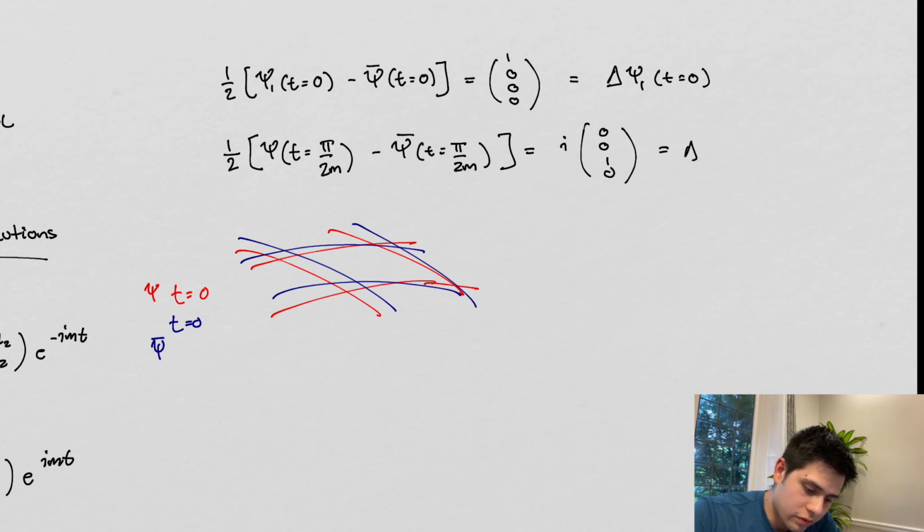This here was the difference of our two fields at time equals pi over 2m.